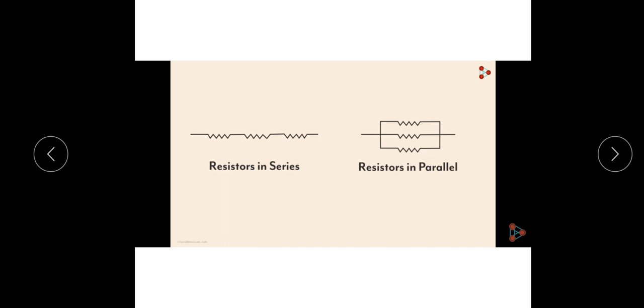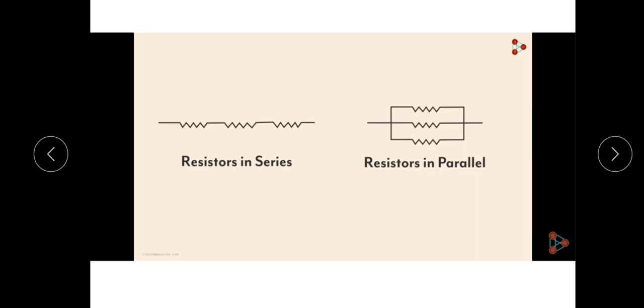In parallel combination, on the other hand, is used when the resistance in the circuit is to be decreased or current is to be increased.